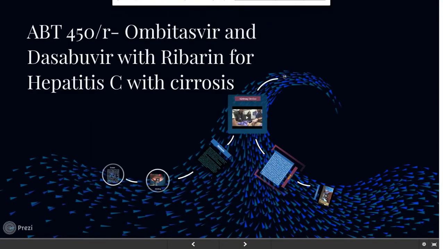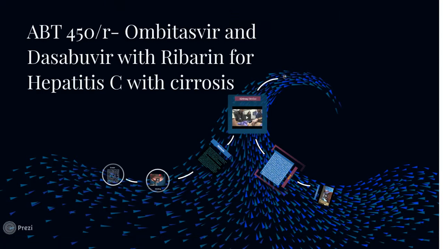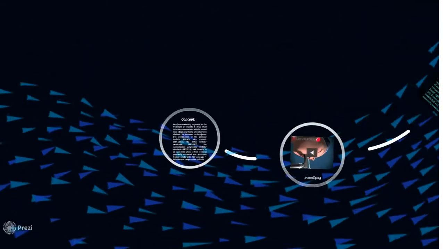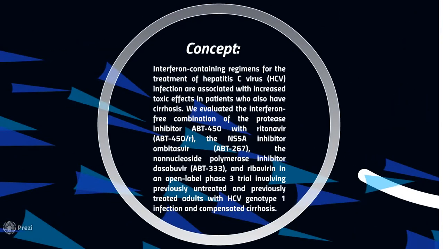ABT-450, ombitasvir and dasabuvir with ribavirin for hepatitis C with cirrhosis. Concept: interferon-containing regimens for the treatment of hepatitis C virus infection are associated with increased toxicity in patients who also have cirrhosis.